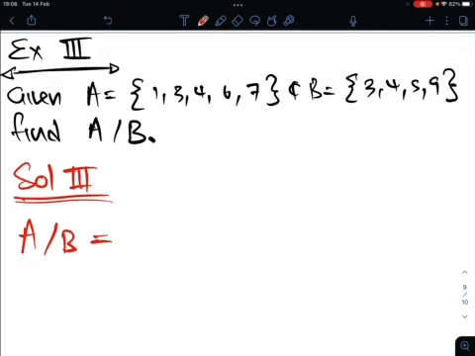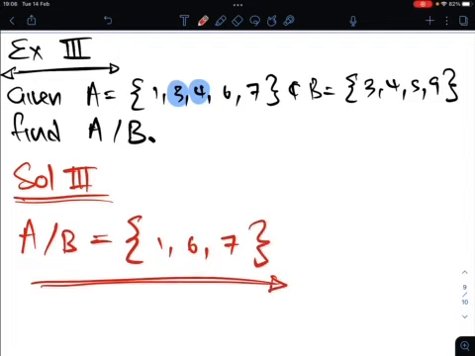If you want to find A over B, what you simply do is first go into set A and look at everything which you can see that is in B. For example, this thing is also contained in B. This thing is also contained in B. Is there anything else in set A that is contained in B? We see there is no such, which means now what you have to do is write all the other remaining things in A which are not in B. So which is 1, 6, and 7. This is what we call the set difference.